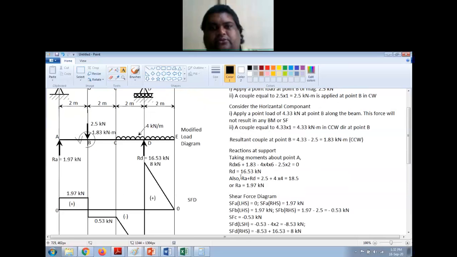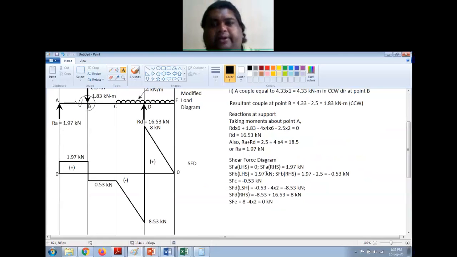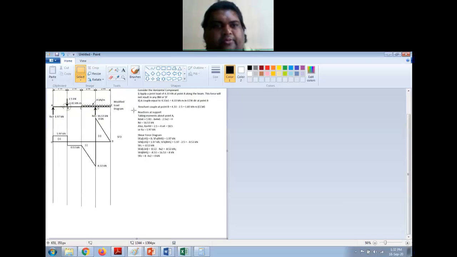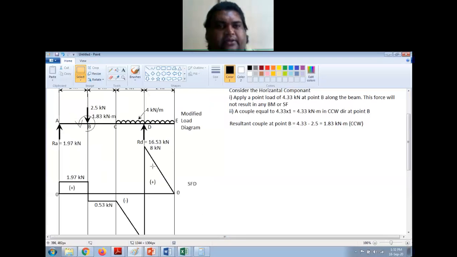Now you have to start with the bending moment diagram. For drawing the bending moment diagram, I need to first calculate the bending moments. Let me just move this a little down because I need the load diagram nearby for calculating the bending moment.